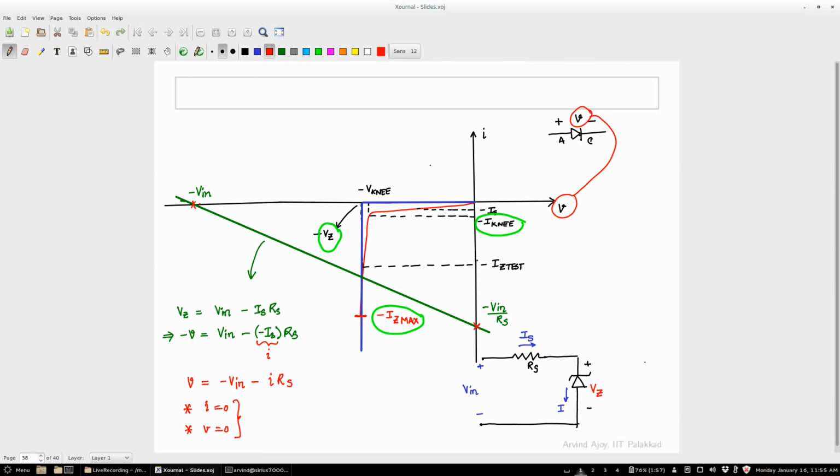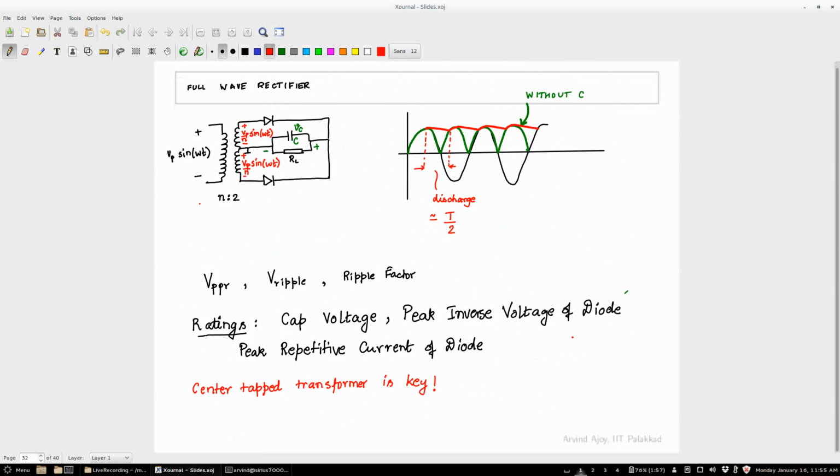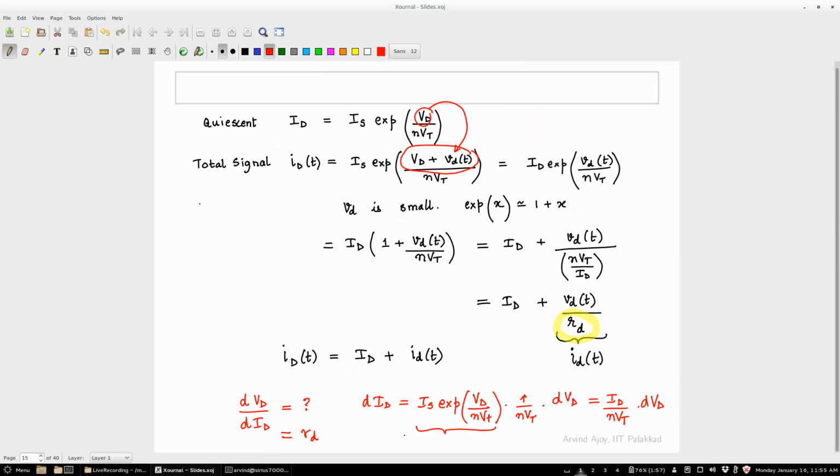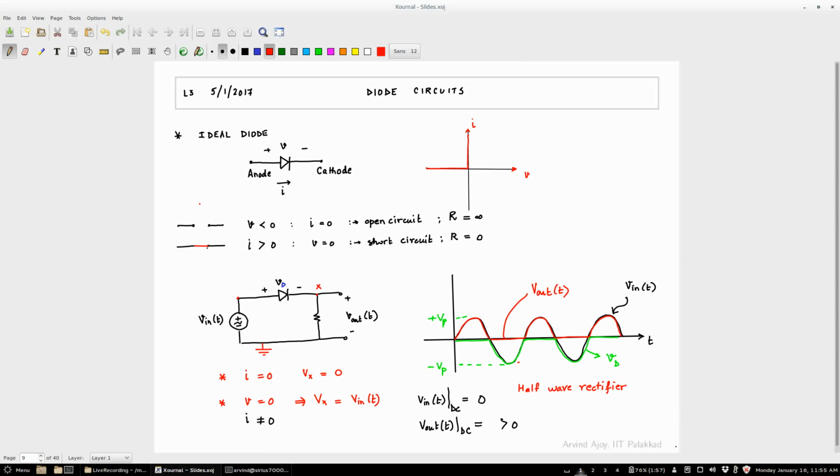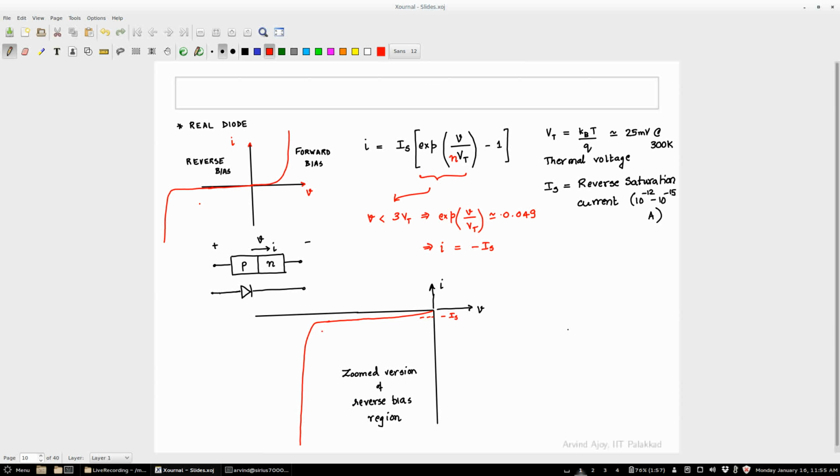And then you calculate the situation when you have I equal to 0, then when you have V equal to 0. It will give you these points. Okay. So that's basically the load line for the Zener mode of operation. Just keep that in mind.